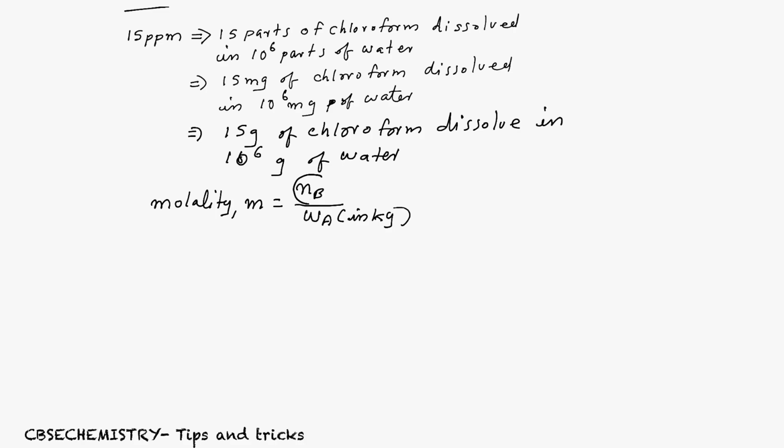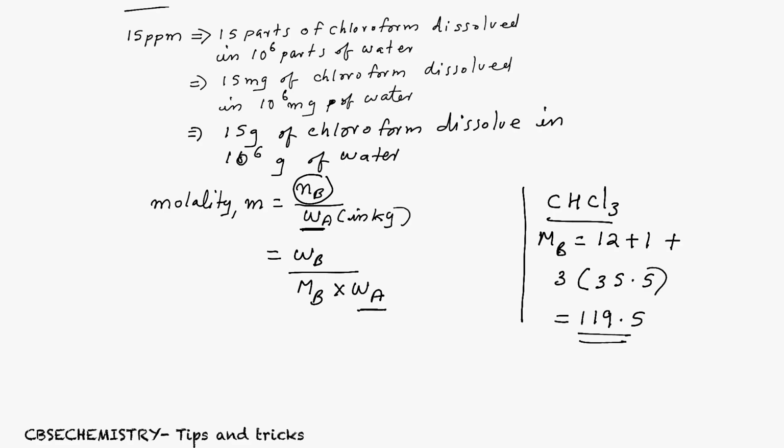What is nB here? nB represents number of moles of solute, which is equal to mass of solute by molar mass of solute, into mass of solvent in kilogram. For chloroform, what is the molar mass? Chloroform is CHCl₃. So carbon is 12, hydrogen is 1, and 3 chlorine is there, and atomic mass of the chlorine is 35.5. On adding, you will get 119.5.